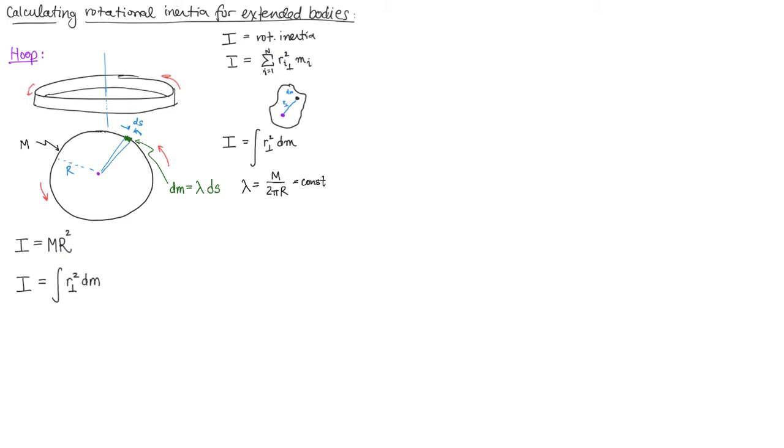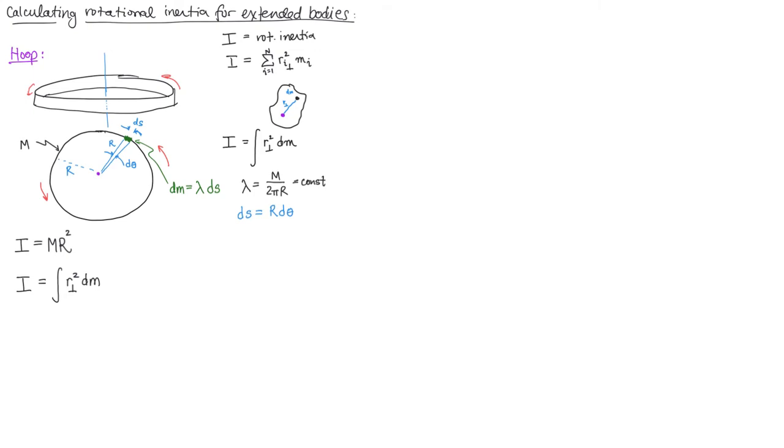How do we express ds in terms of, let's say, an angle? We can call this little chunk of angle, this little differential angle, d theta, and we know that the radius of the circle is r, and so we know that the arc length ds is equal to r d theta.